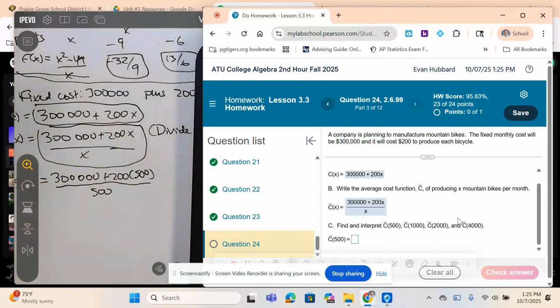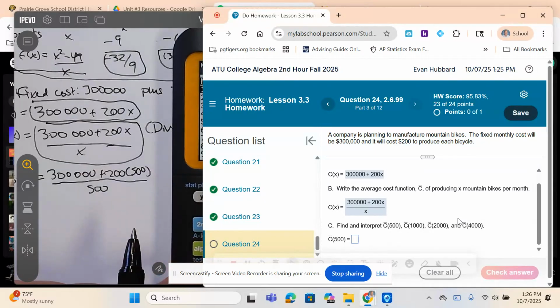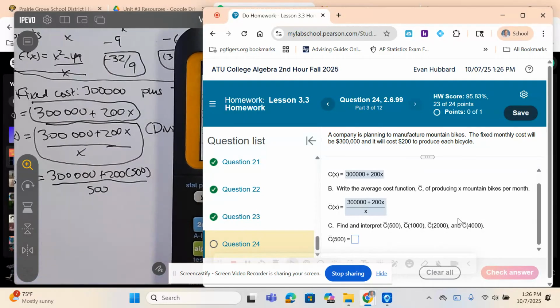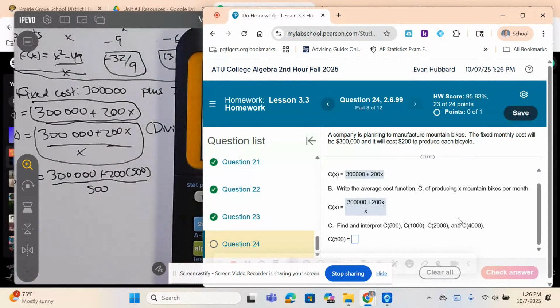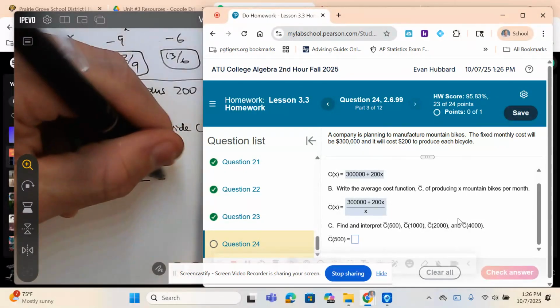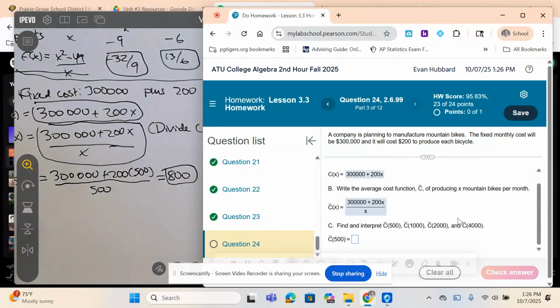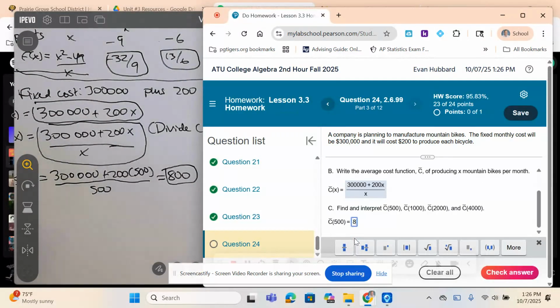I'm going to do math frac here. Go to second mode to get out of there. Math frac. That's 800.